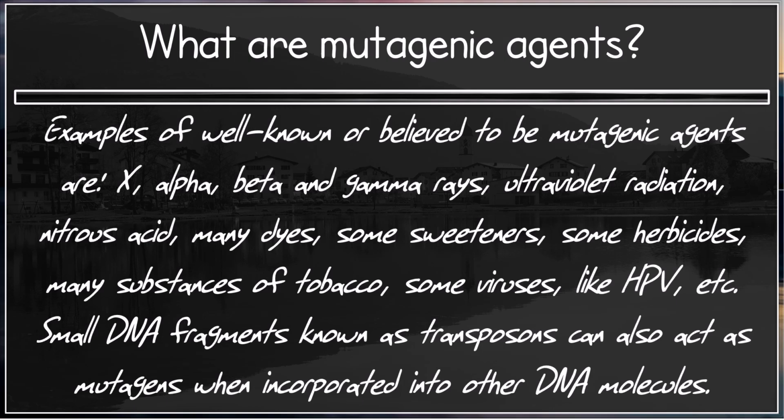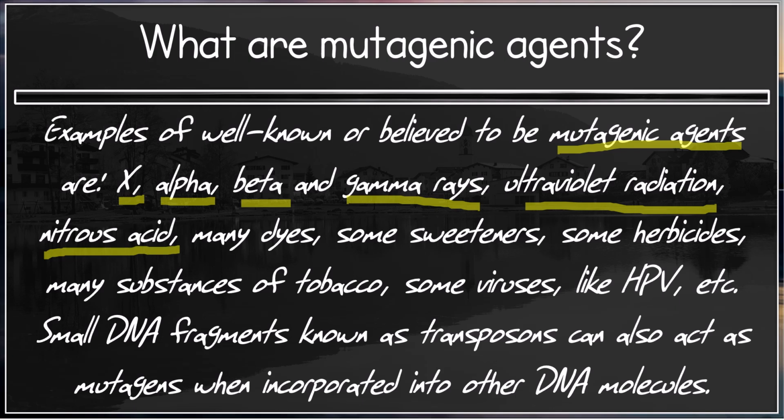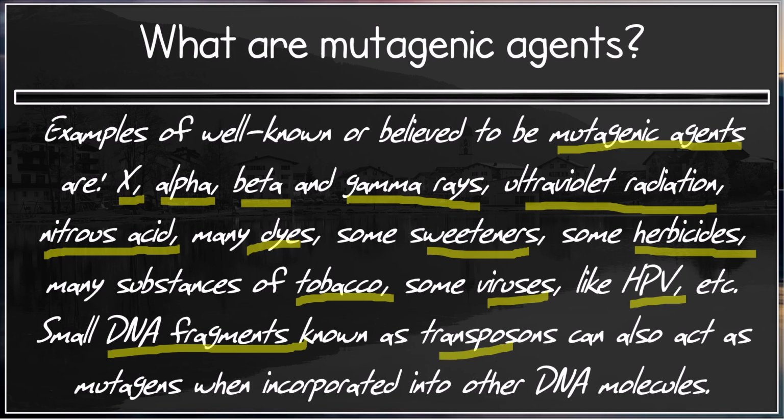Examples of well-known or believed mutagenic agents are X-rays, alpha rays, beta rays, and gamma rays, ultraviolet radiation, nitrous acid, dyes, some sweeteners, some herbicides, many substances of tobacco, some viruses like HPV, etc. Small DNA fragments known as transposons can also act as mutagens when incorporated into other DNA molecules.